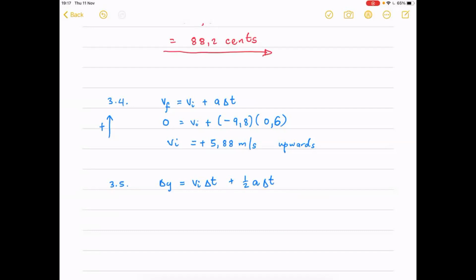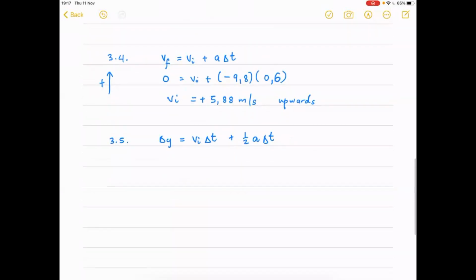Okay. So we're going to use the first part of the motion from the time that the ball was thrown up until it reached its maximum height. Okay, so what is VI? We just calculated it to be 5.88. What is delta t? We know that it took 0.6 seconds to reach the maximum height, plus a half.